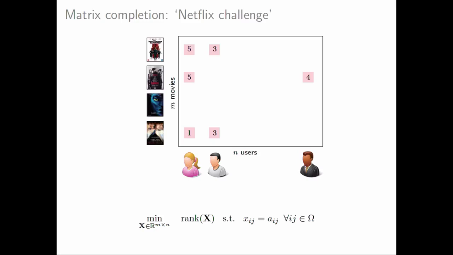Because minimization of the rank is an NP-hard problem, it is usually approximated by a convex proxy called the nuclear norm. The problem with this formulation is that it doesn't involve any structure. If you shuffle the columns and the rows of the matrix, you will get the same rank. Or, for example, if one of the columns is entirely missing, then you can fill it in infinitely many ways.